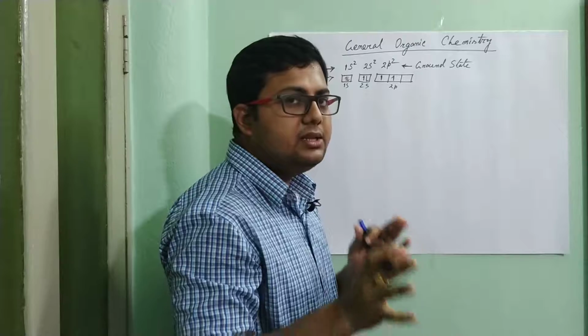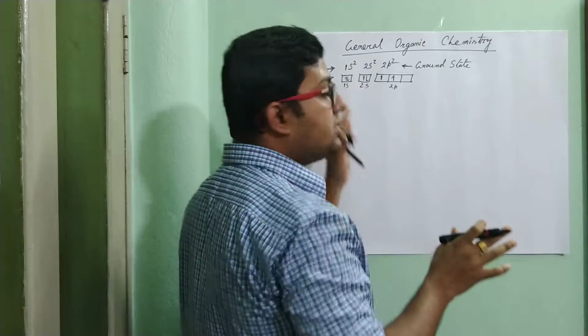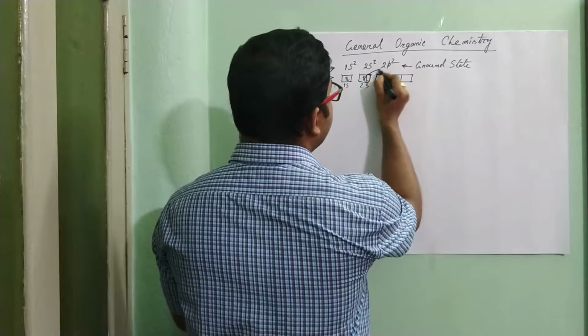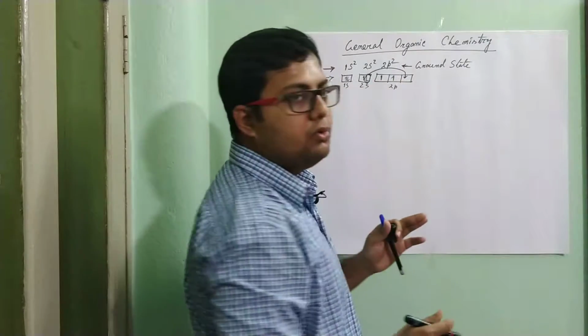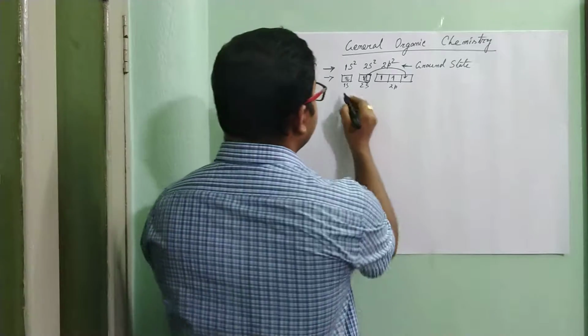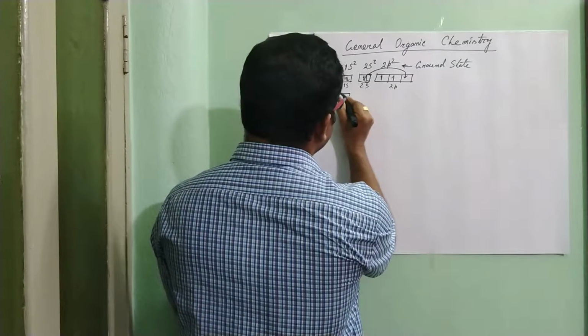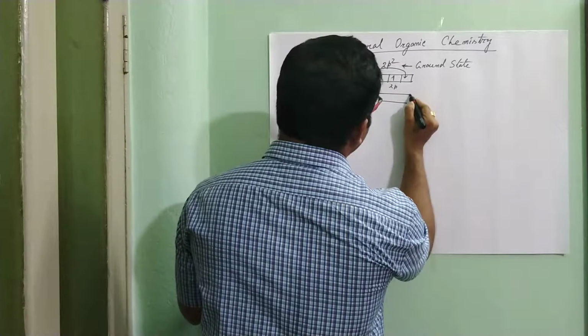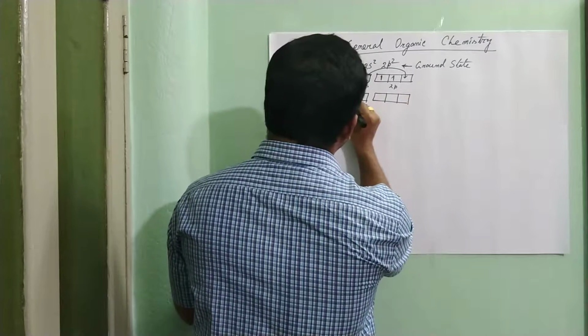It needs to be in the excited state. So what exactly is that? This particular electron from here will get promoted to here just to get some stability out of it.